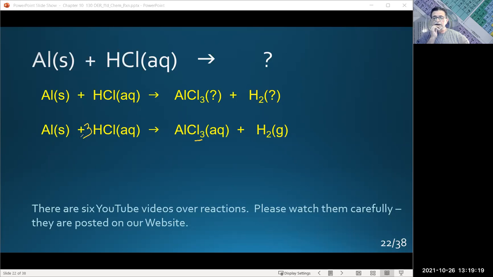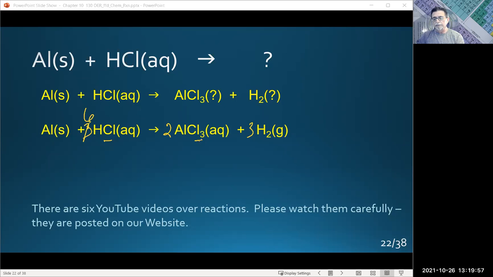So let's try 6 hydrogens, or 3. What if I put 3 hydrogens on the right and change that 3 to 6? Would that work? Then my hydrogens get balanced, but it kicked up my chlorides. What if I put a 2 in front of my aluminum chloride?